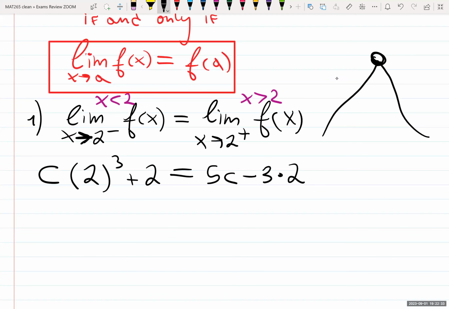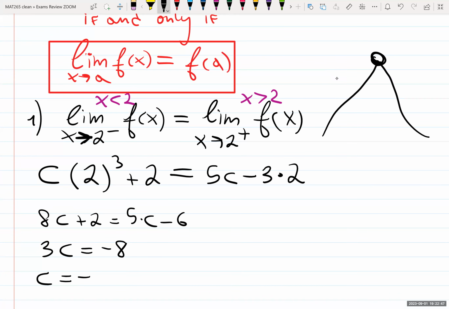So for c, it's going to be 8c plus 2 equals 5c minus 6. 8c minus 5c is 3c. c equals minus 8, c equals minus 8/3. Let me know if I made a mistake.